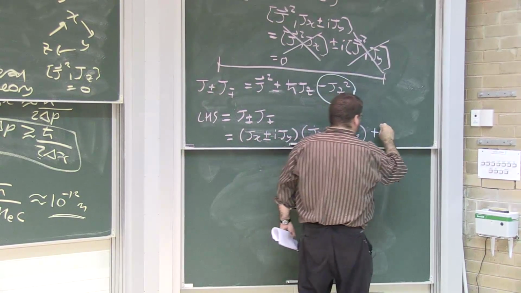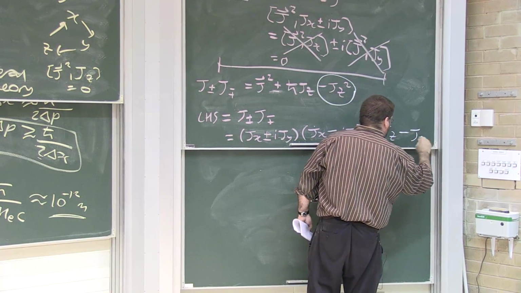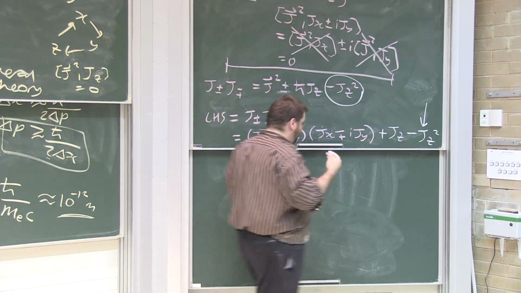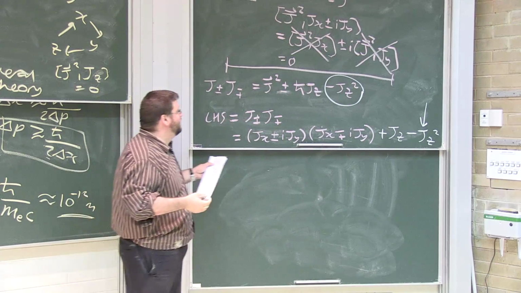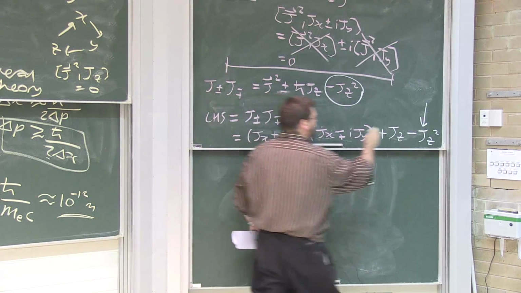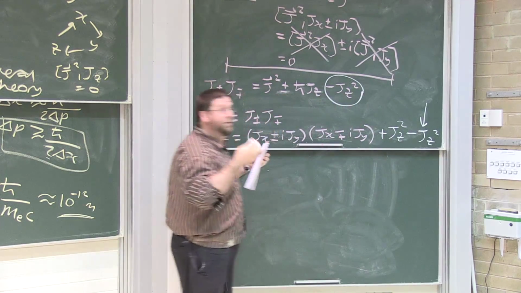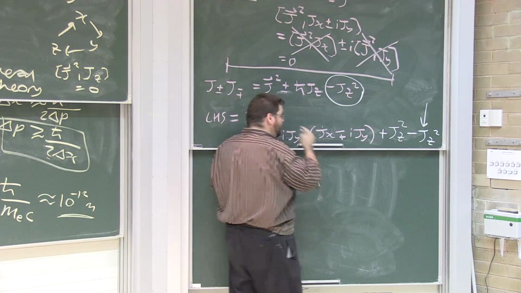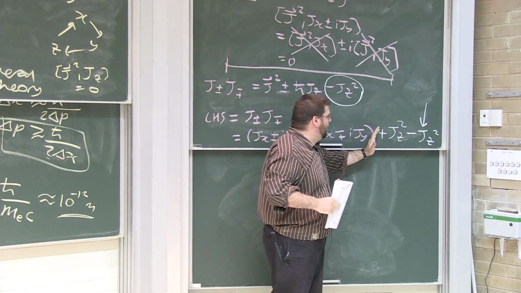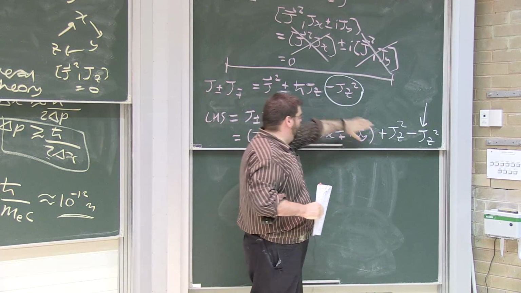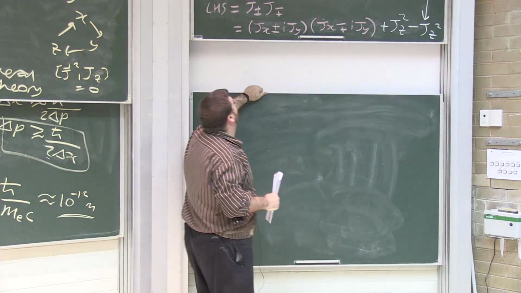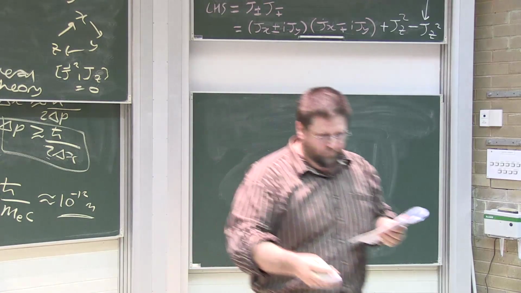I want a Jz squared, so let me put in what I want and then undo the damage. So I put in by hand a term that I want, using rough logic that this is never going to give me a Jz squared. So I'm going to put it in by hand and undo the damage. All right. So we've done that.